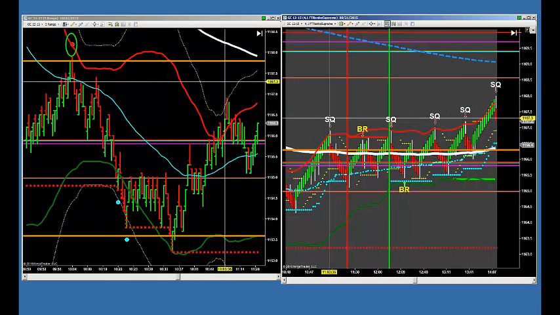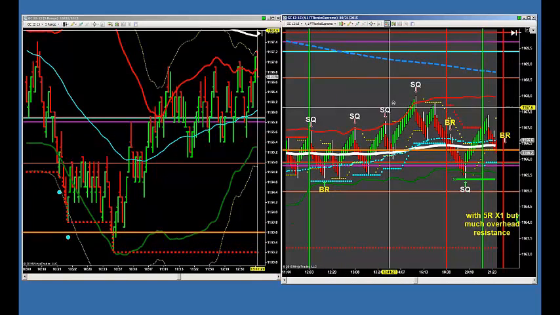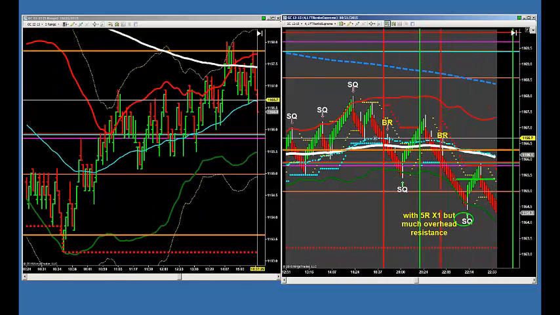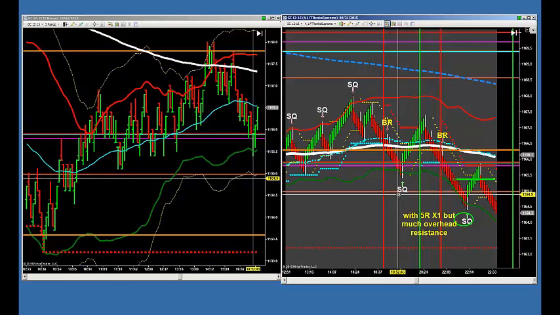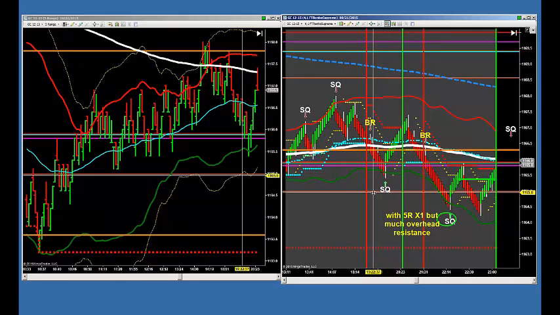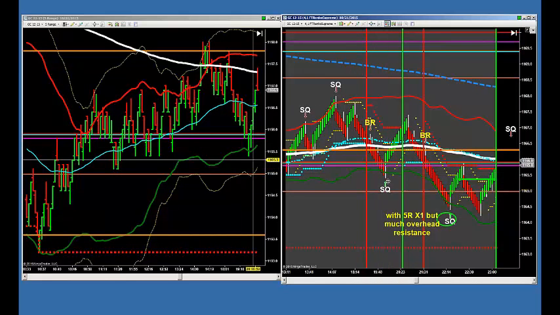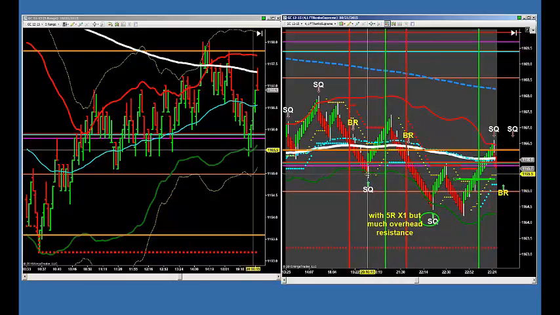This is a way to avoid the noise of a lot of these SQ signals. The challenge, if you're going to use this 5 range chart to confirm, is you have to use these unfiltered. If you start filtering these things out, you're going to miss some of the better confirmed trades. With this SQ signal here, both prices were at the Bollinger Band.